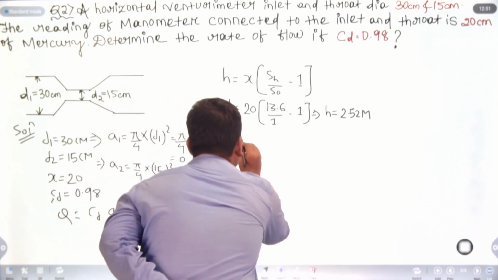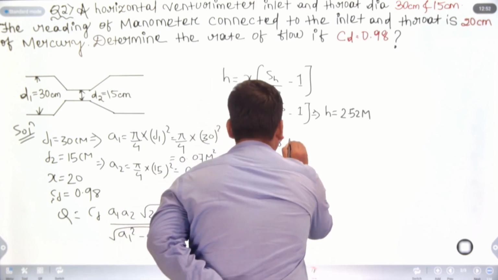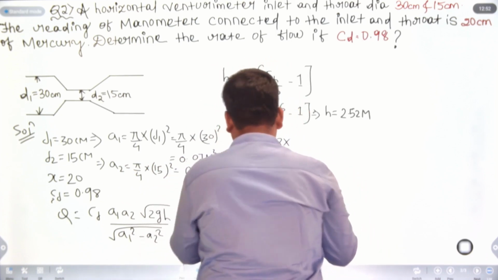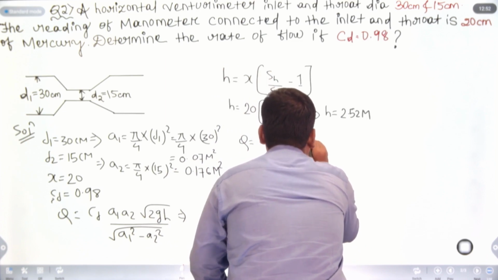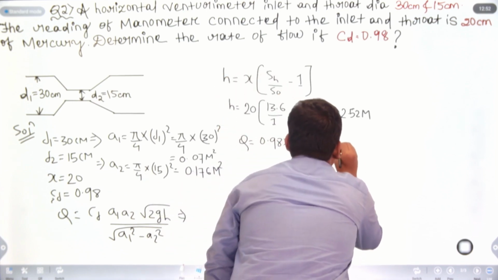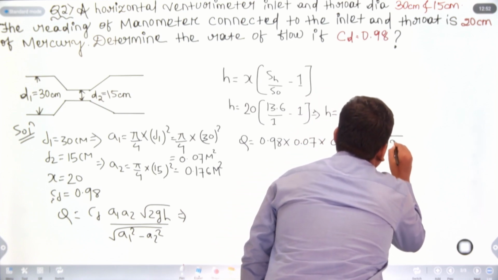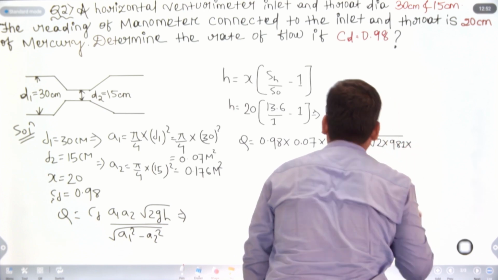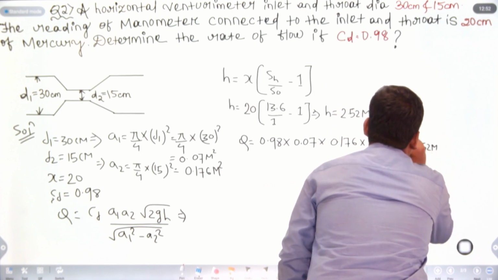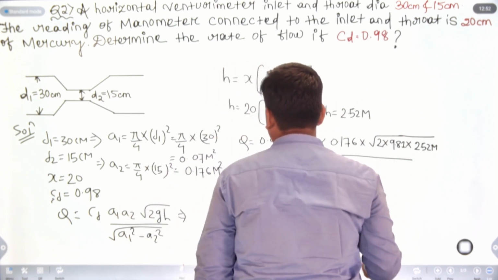Now Q is equal to, putting the value, Cd 0.98, your A1 value is equal to 0.07, your A2 value is equal to 0.176 into root over of 2g, where g is equal to 9.81, into your H value, equal to 2.52 meter, divided by A1 square minus A2 square.